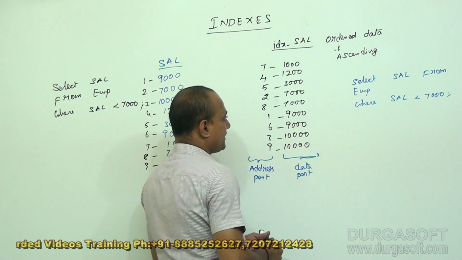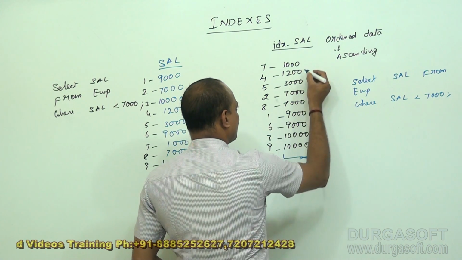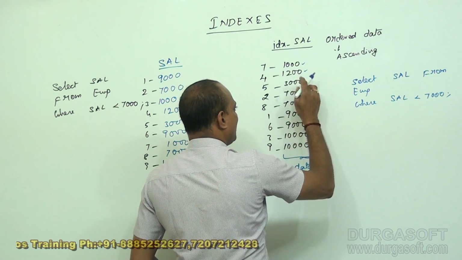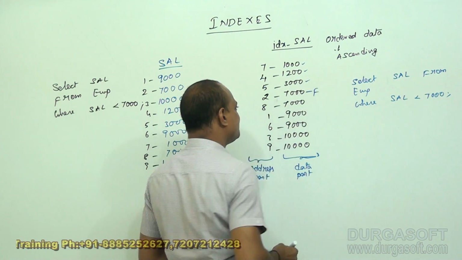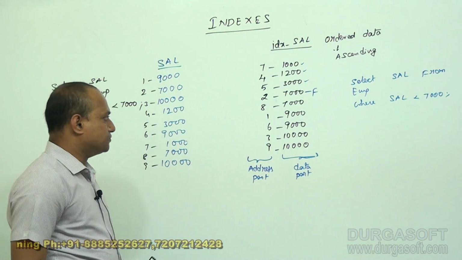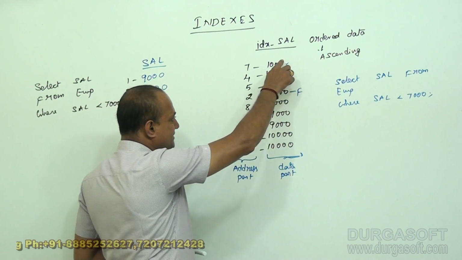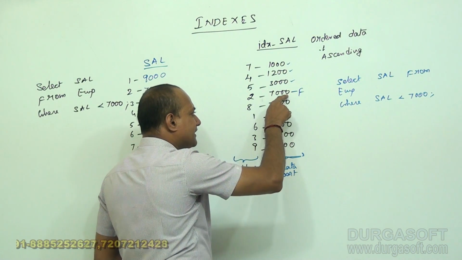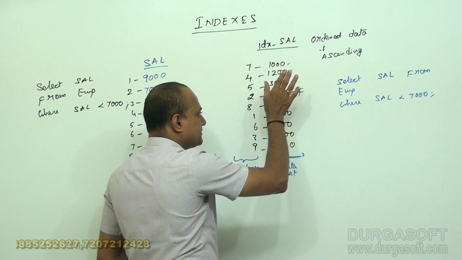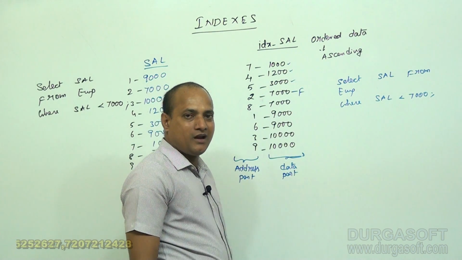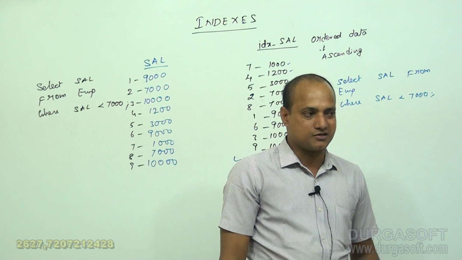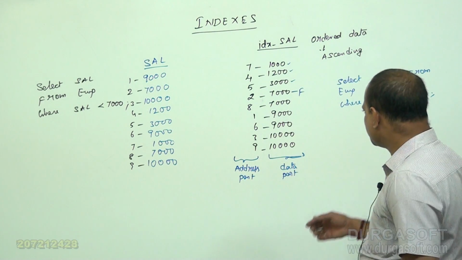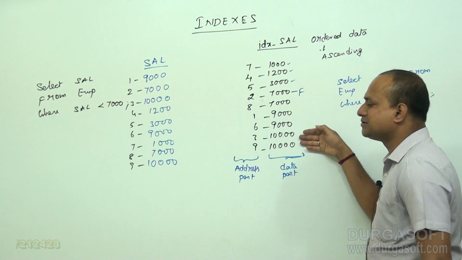See what values are satisfied: 1, 2, 3. At the fourth value in the index, the condition fails. Whenever the condition fails, it will stop the condition verification. Why? Because even if it continued, there is no use.